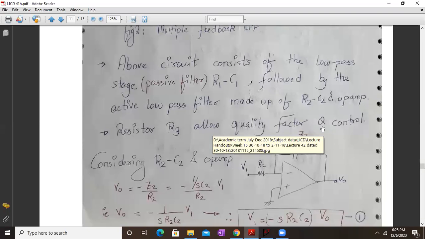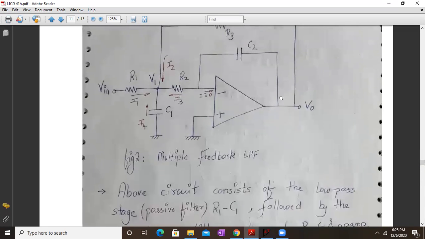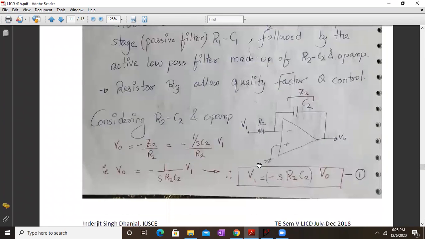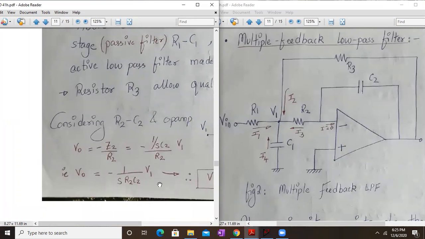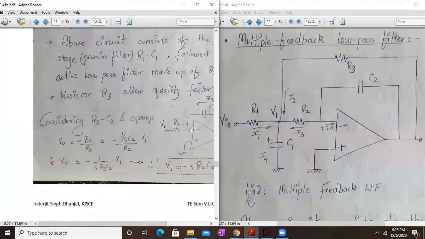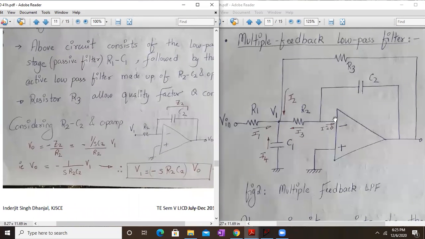And R3 alone allows control of the quality factor. So R3 will actually control the quality factor, right? Now let me focus on the inner circuit, that is R2, C2, and opamp.